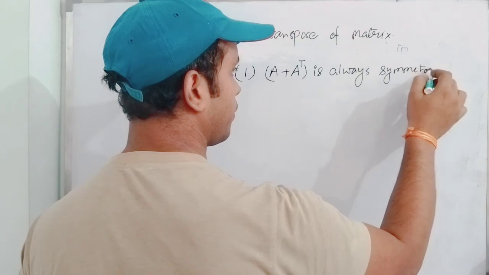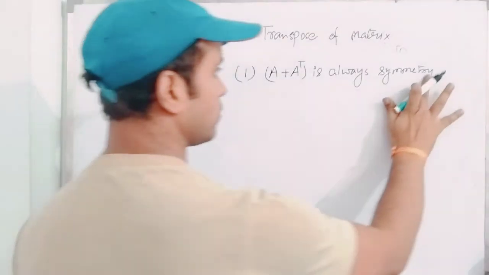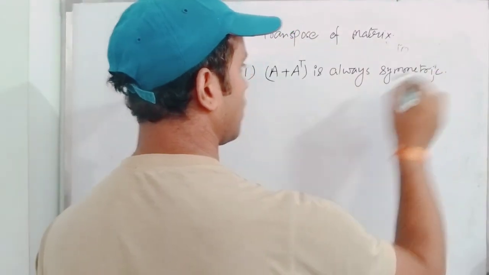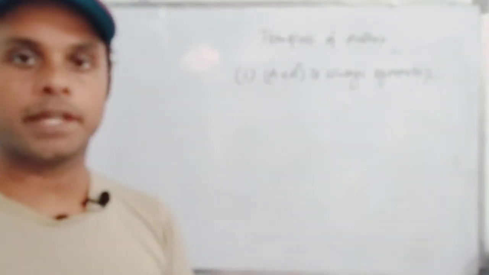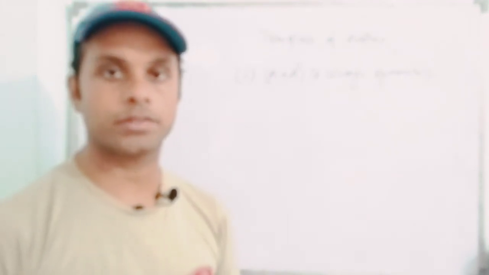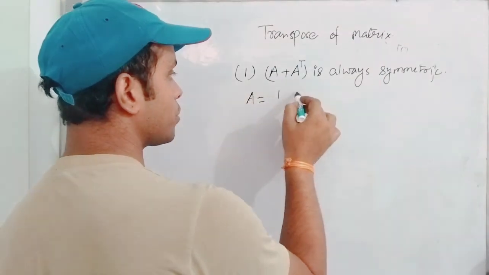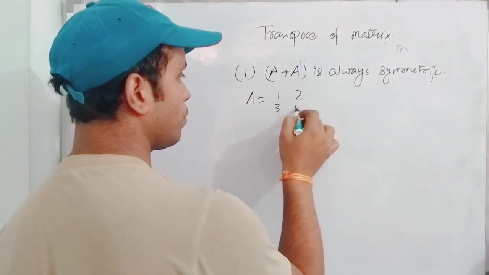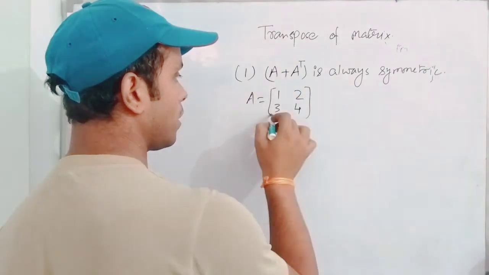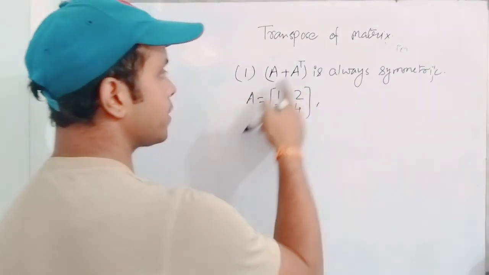We will verify also. Always symmetric. Now take a matrix, and as you know, symmetric matrices are always square matrices. So take an example of a square matrix. Suppose A is 1, 2, 3, 4. Now you find its transpose.